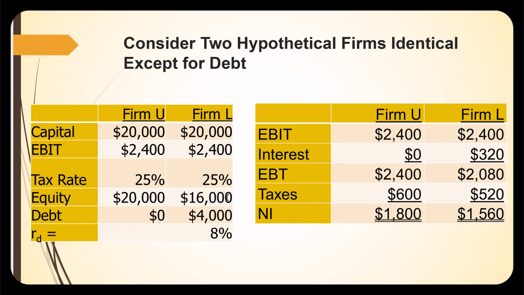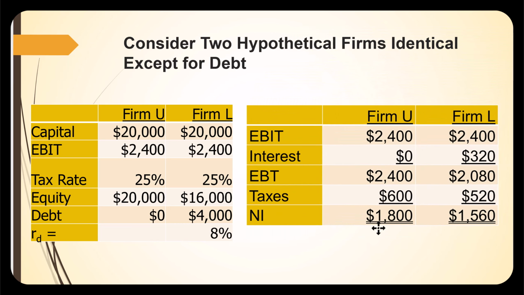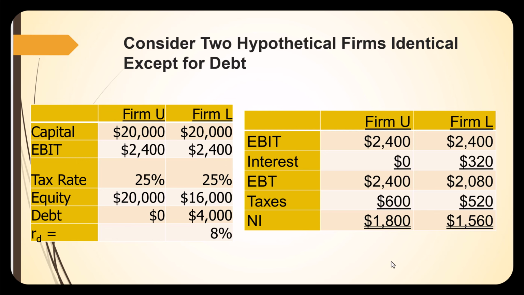So equity is a little bit less, debt is obviously more, and for this company, the cost of debt is 8%. If we look at the income statement, because company L has debt, it has interest expense, so its net profit is going to be less.